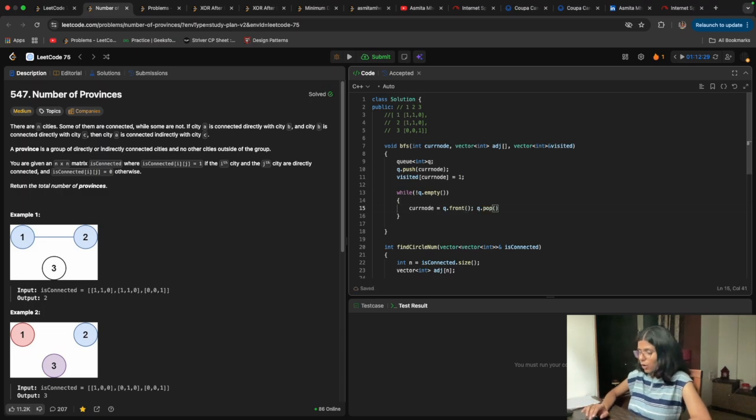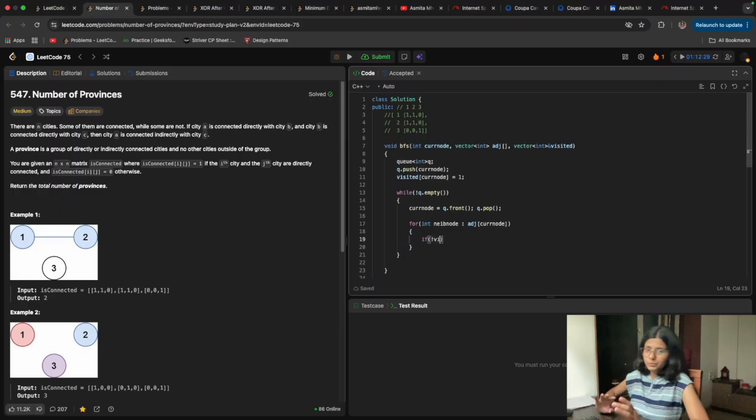Now we will visit all its neighbor nodes. So for each neighbor node from adjacent of the current node, if it isn't visited, then only push it in the queue: q.push(neighbor node).